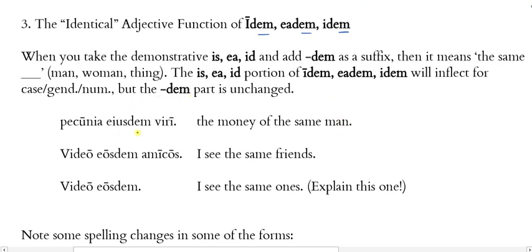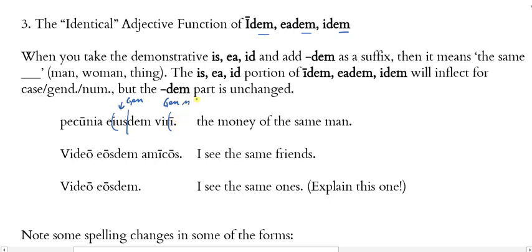Pecunia eiusdem viri. Okay, so this is the money. And notice, remember, the dem part is unchanged. This is the part that I have to look at the case, gender, number for to see how to think about it. Eius here, that's the genitive, right? Now, why is it genitive? Because viri is genitive, and let's finish out the parsing.